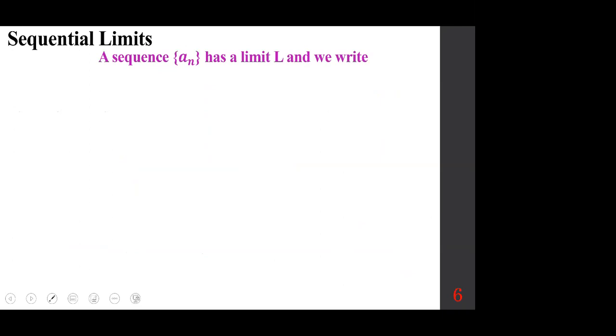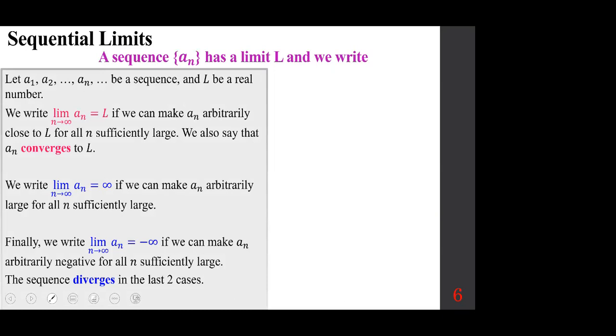So let's recap what we said in the summary, but with a little bit more finesse and details. We have a sequence, everybody, starting with a sub 1, a sub 2. And we write the limit is L. The limit of a sub n as n approaches infinity is L. L is some number, any number.